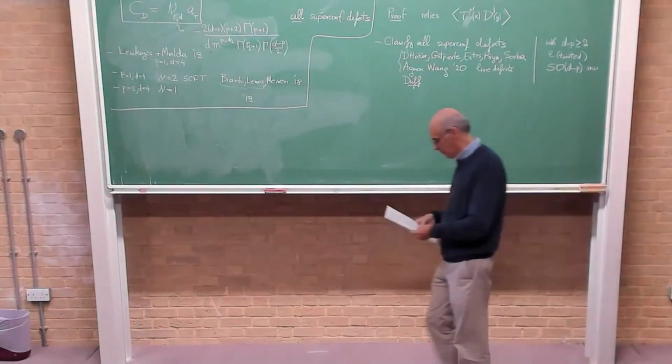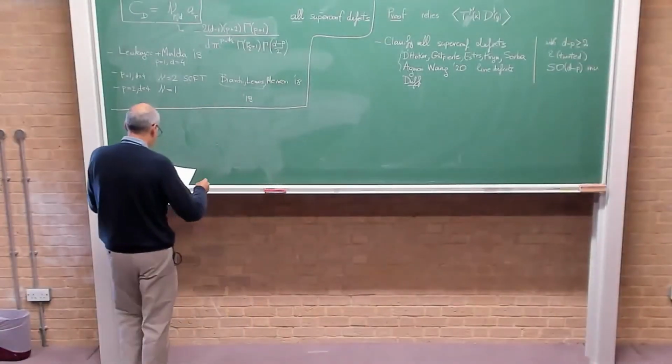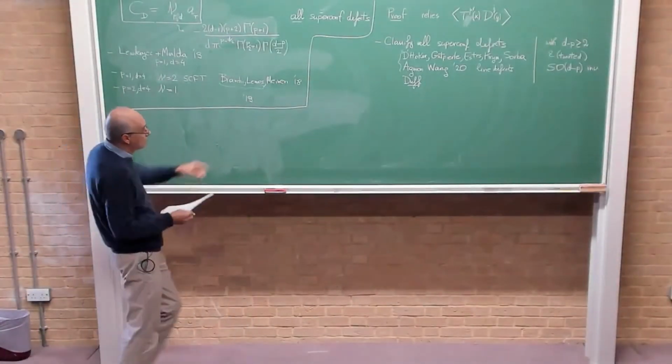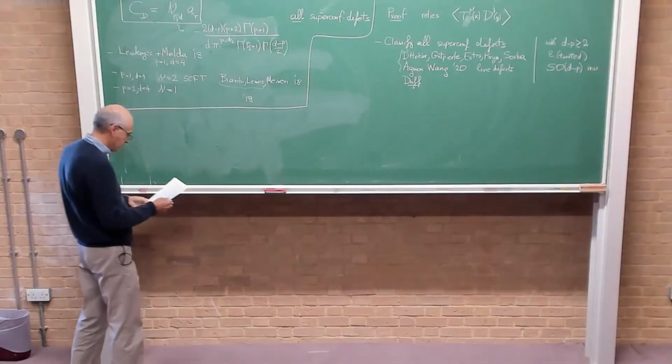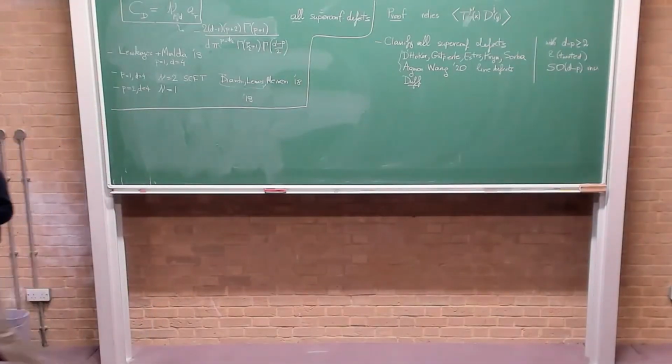And now, roughly speaking, the way you proceed, as I said, is by looking at this two-point function. Now, by twisted, I mean that only in codimension 2 can you have an unbroken SO(2) that is a linear combination of rotations and R symmetry. It doesn't happen for higher codimension.